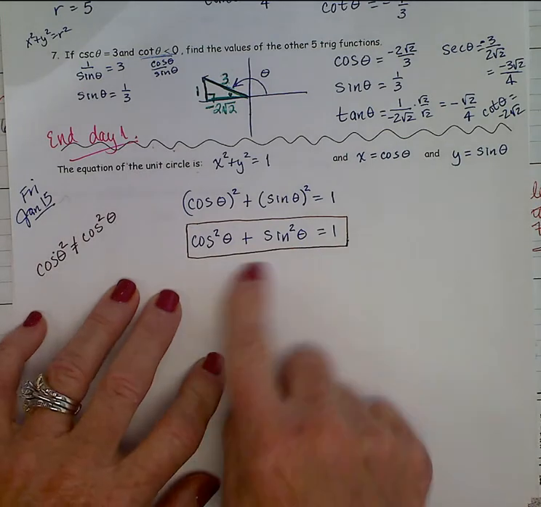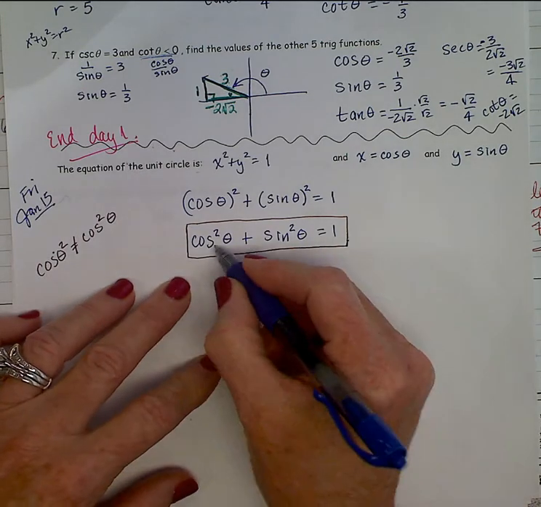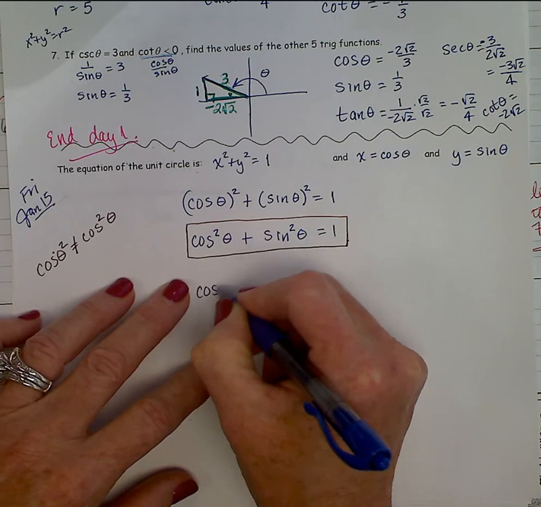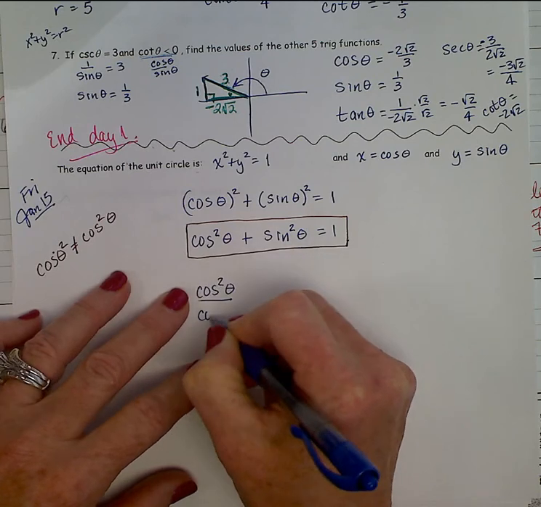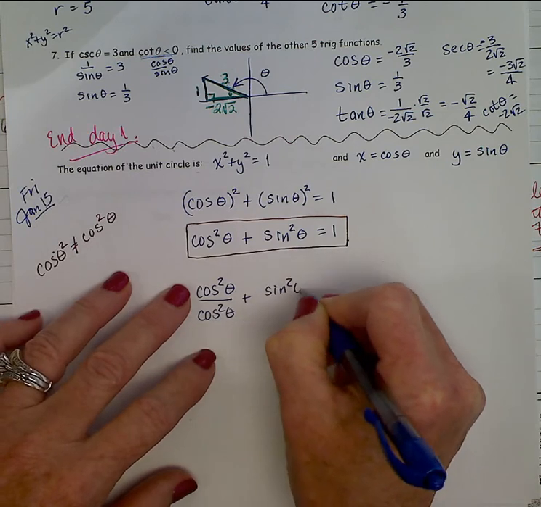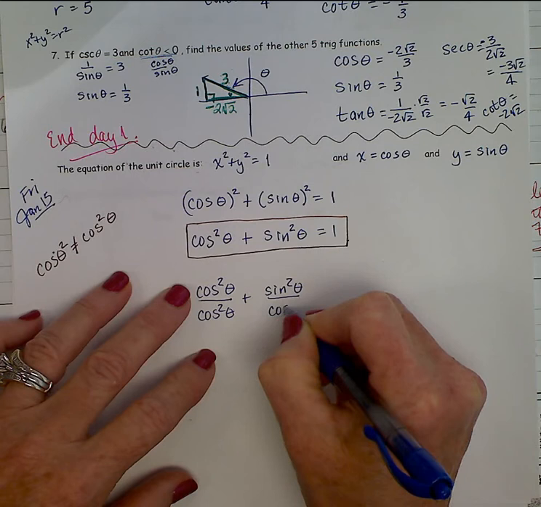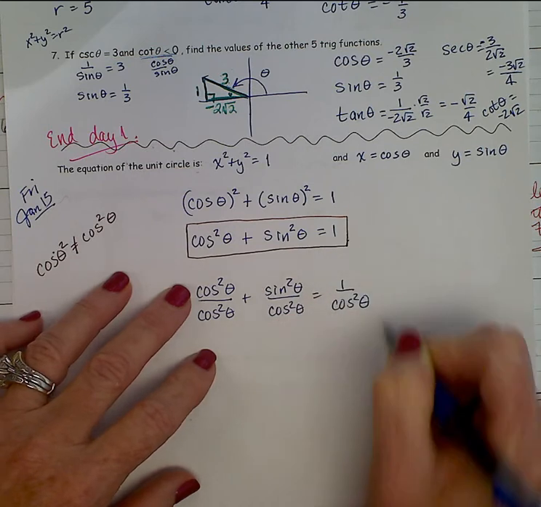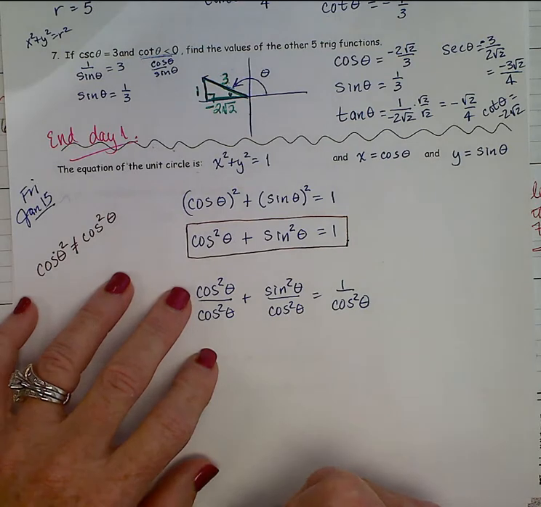There's a variation on this. If we take each piece and divide by the same thing, specifically, let's divide by cosine squared. So I've divided everything by cosine squared, which is perfectly legal.